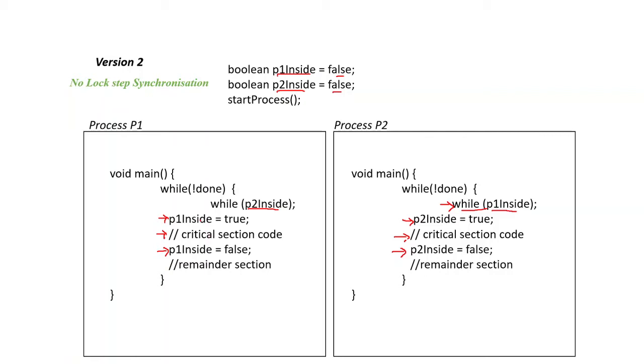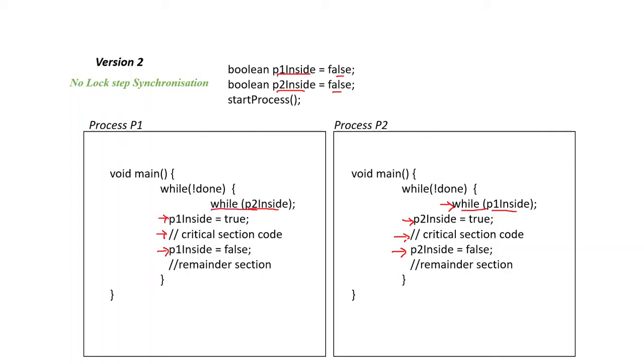Now, say for example, both the processes try to enter into the critical section at the same time, at the start of the system. Say P1 starts, so it checks the value of while p2 inside.